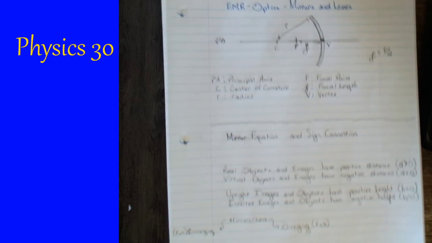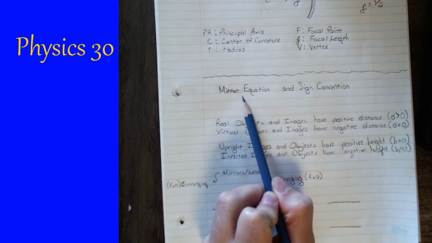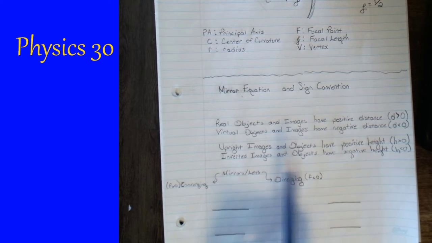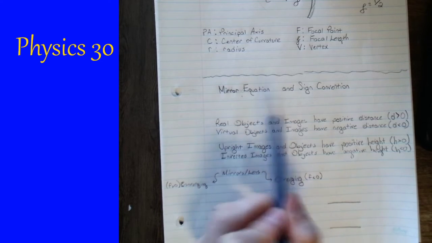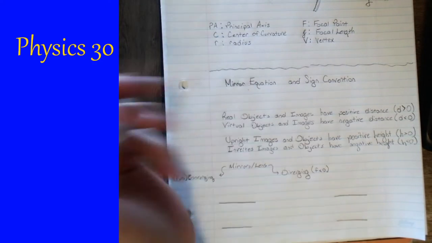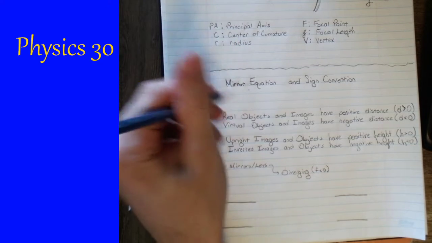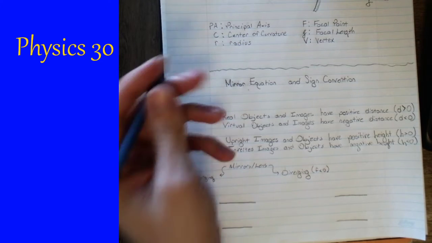Okay, now we want to move into the mirror equation and sign conventions. And hopefully a lot of this writing here will make a little more sense once we actually have our mirror equation. For me, there's a mirror equation, and then it also applies to lenses. Almost everything that we're going to talk about here in terms of mirrors is the same for lenses.